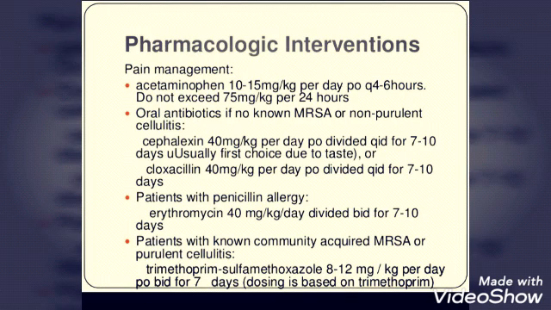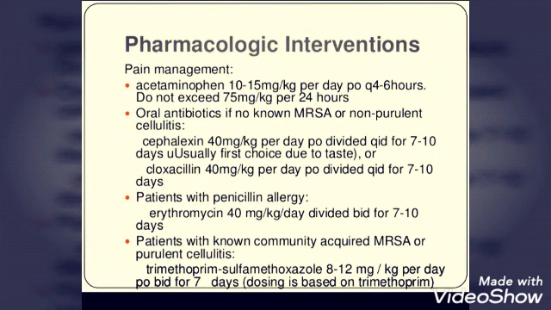Then for a patient with penicillin allergy, erythromycin 40 mg per kg per day is given. Then for a patient with known community acquired MRSA for purulent cellulitis, trimethoprim-sulfamethoxazole 8 to 12 gram is given. So these were the drug therapy or pharmacological interventions in case of cellulitis.